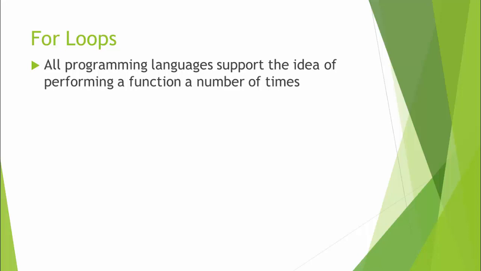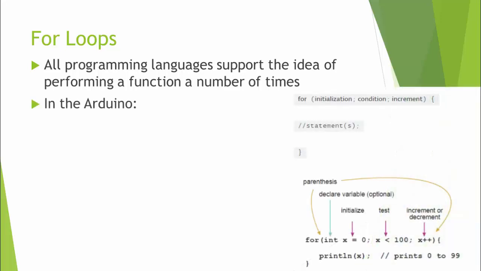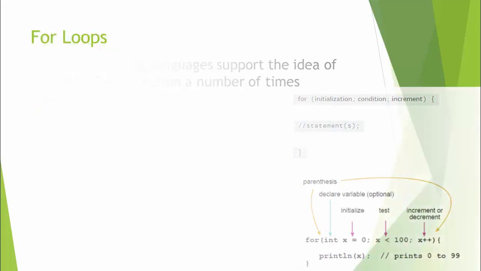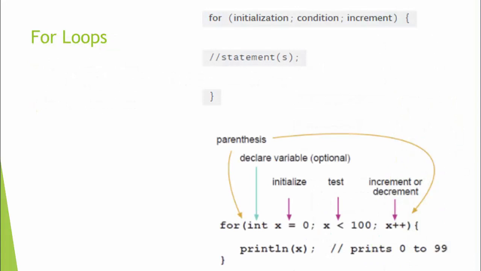So the simplest example of this kind of loop is a for loop. And every programming language I've ever heard of supports the idea of performing a function a number of times. In the Arduino, we have this for loop here. So if we want to run our given loop a certain number of times, in this case 100 times, we move our counter, our integer x, from 0 up to 99.